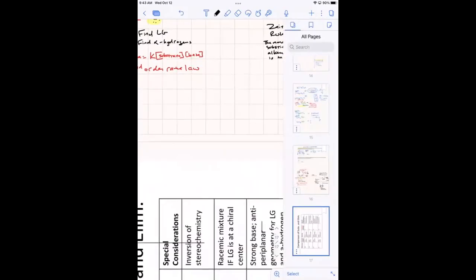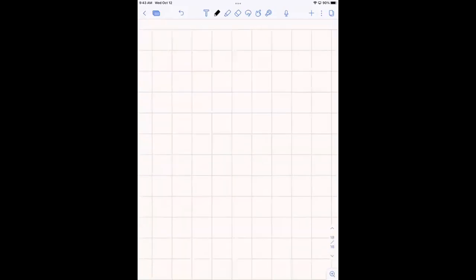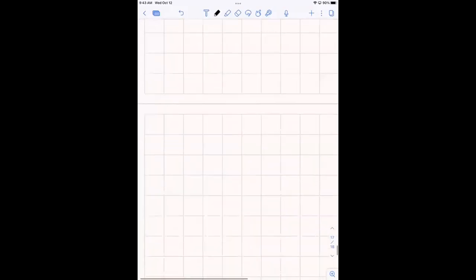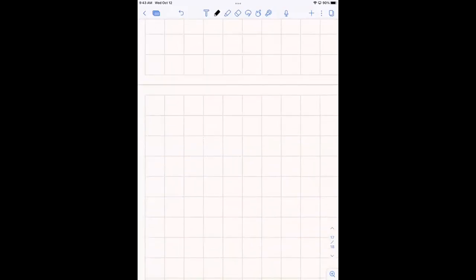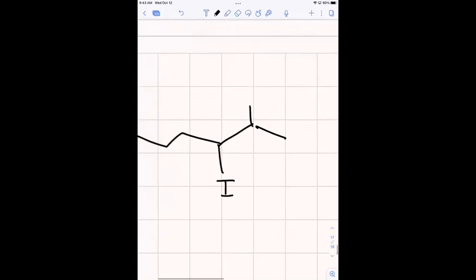So let me ask this question. What would the transition state look like for that elimination? Would it have an intermediate, since it's concerted?